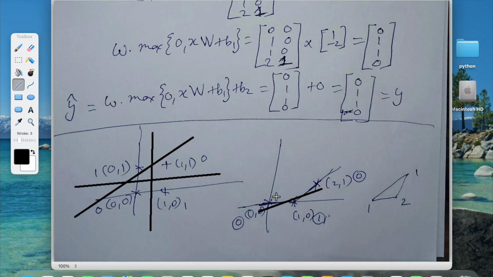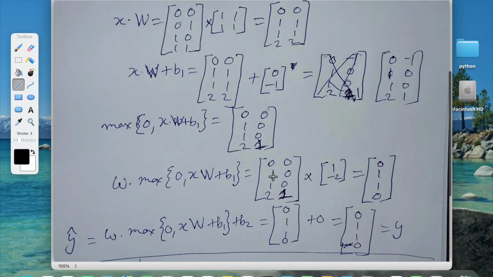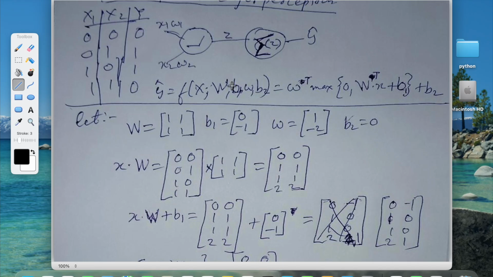But this solution space, what we have over here, we have actually modified it. So how do we get to that position? How do we acquire what is shown over here?